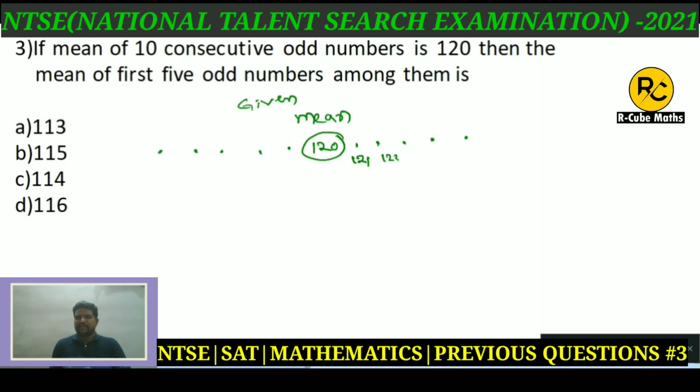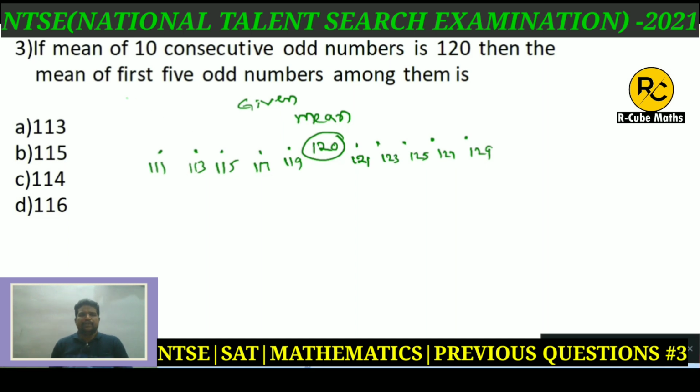Next ones are 123, 125, 127, 129. Before 120, we have 119, 117, 115, 113, 111. So we get 10 consecutive odd numbers whose mean is 120.